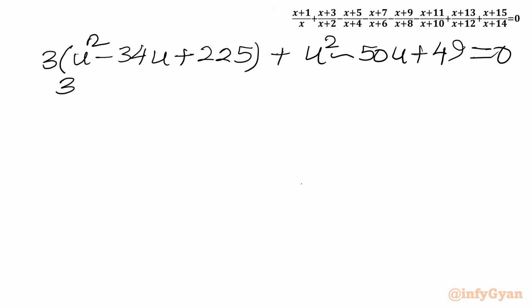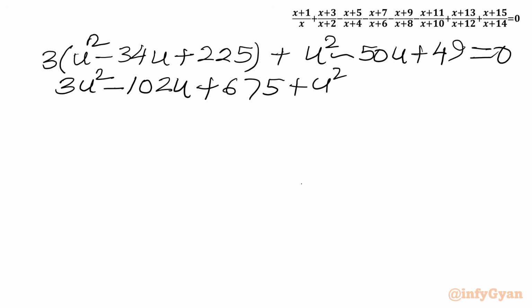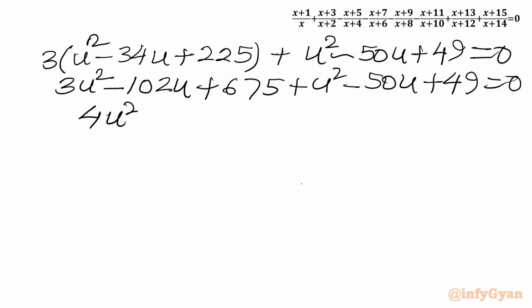So we will write here 3u square minus 102u plus 675 plus u square minus 50u plus 49 equal to 0. 3u square plus u square, 4u square; minus 102 minus 50, minus 152u; 675 plus 49 will get 724.